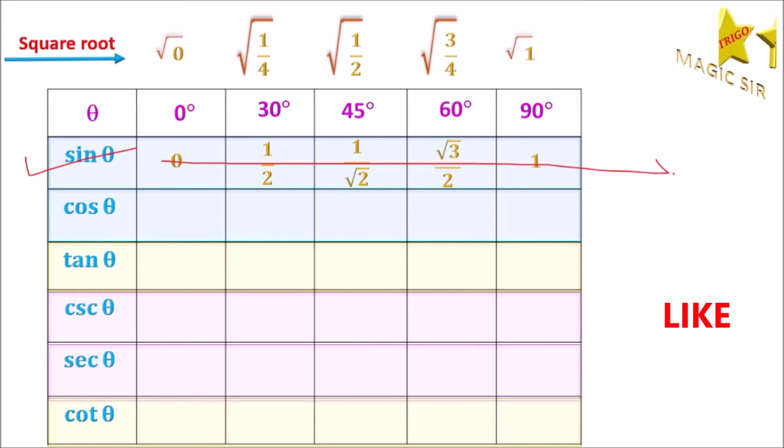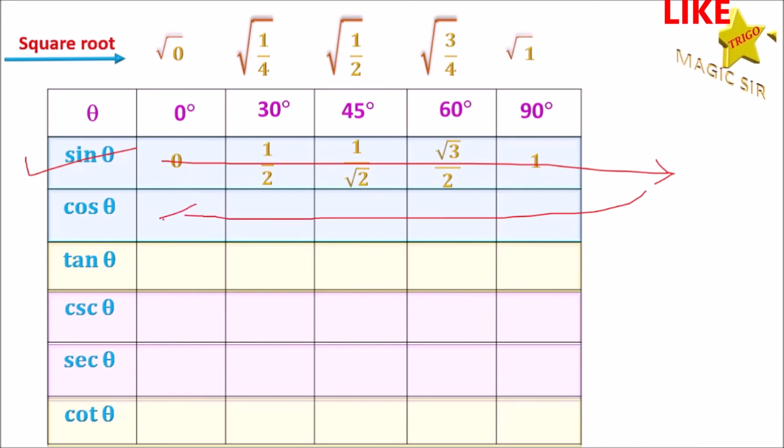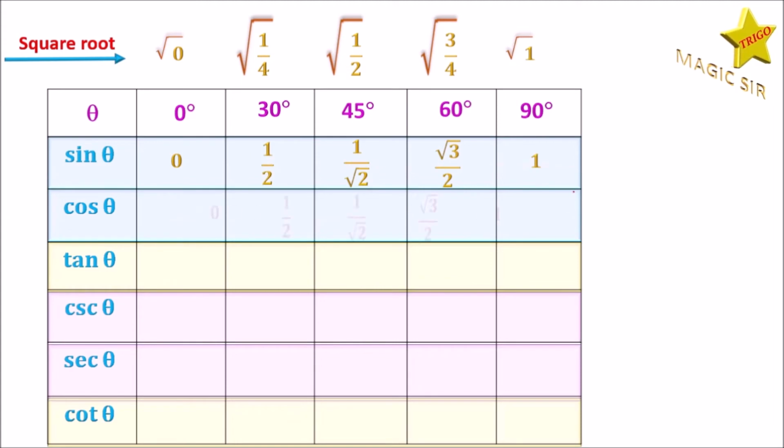Now write down these 5 values of sin theta in the reverse order for cos theta. See the animation and the position of 1 and 0.